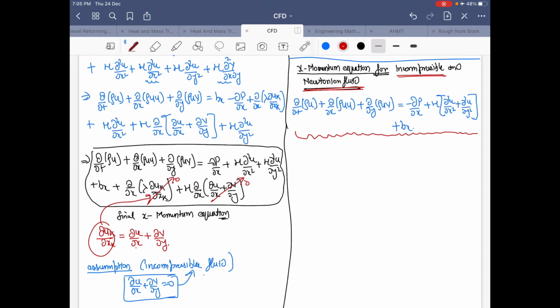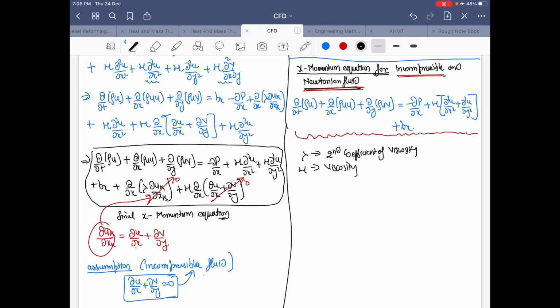And one more thing to mention is, if your fluid is not incompressible, then you will have these terms in your equation. And here I have said you have two viscosities. One is λ, which is known as the second coefficient of viscosity, and μ is the viscosity of the fluid.